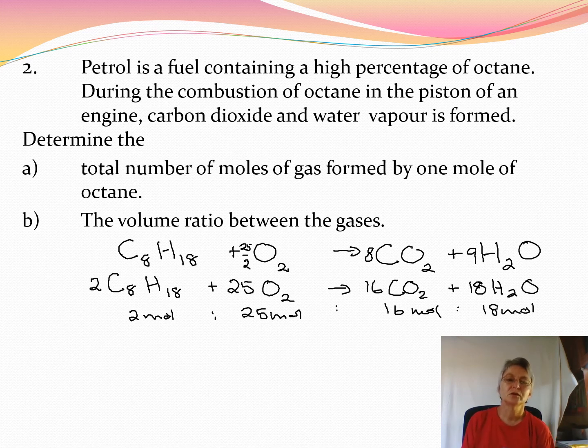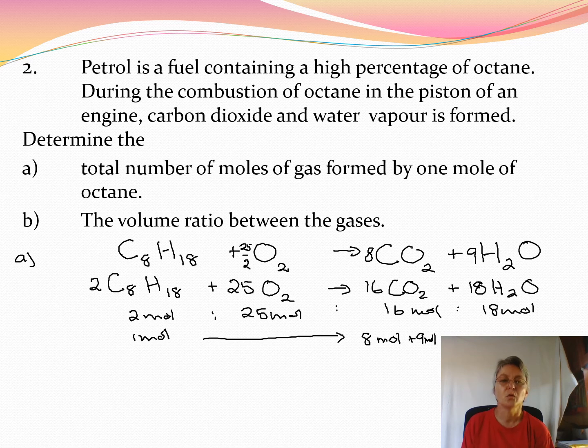So, determine the total number of moles of gas formed by 1 mole of octane is the question. So, 1 mole of octane will form 8 moles of carbon dioxide and 9 moles of water. So the total number of moles of gas formed by 1 mole octane is 17 mole.